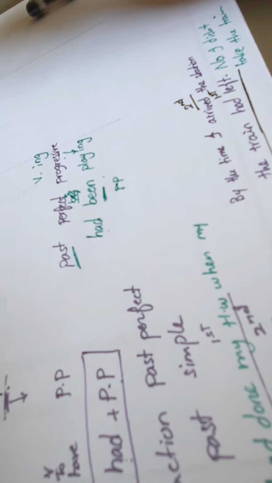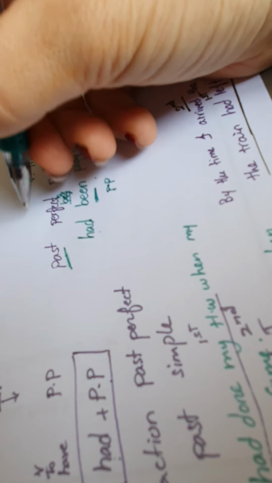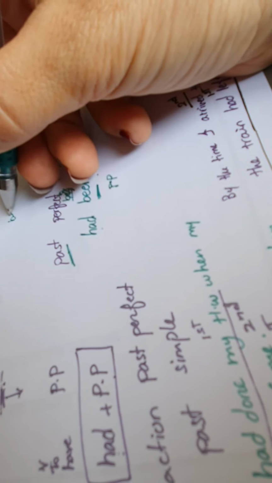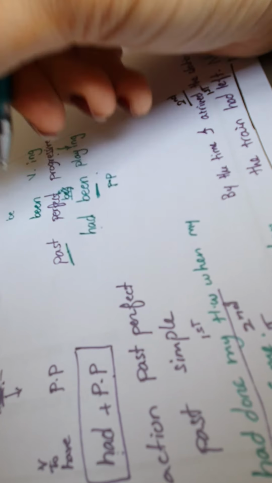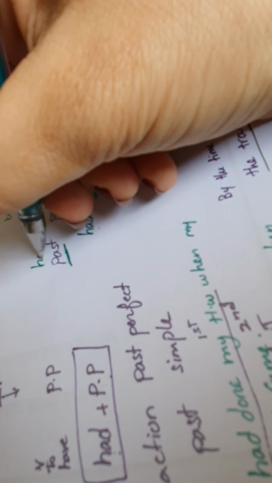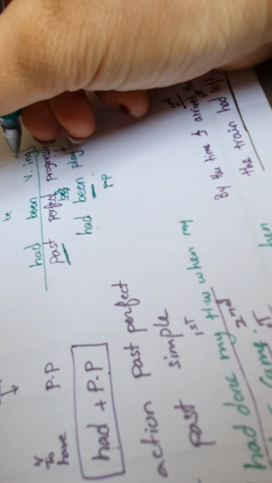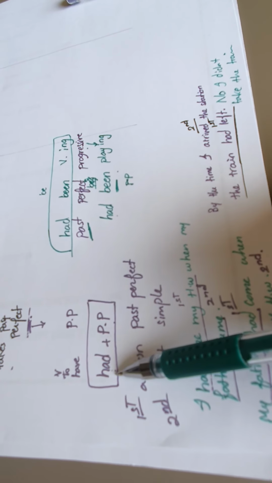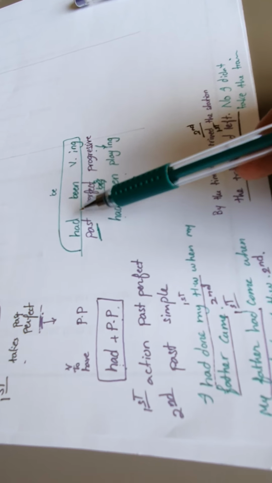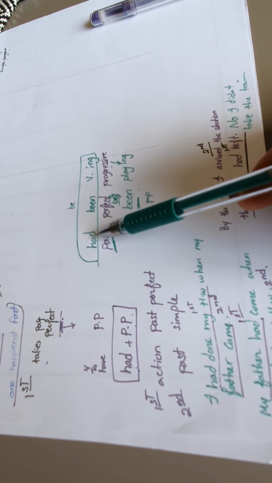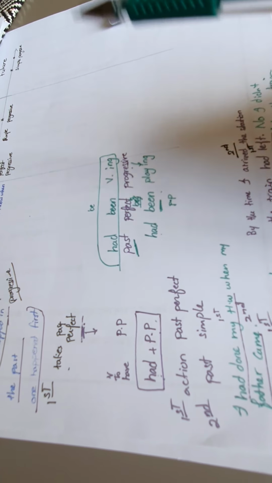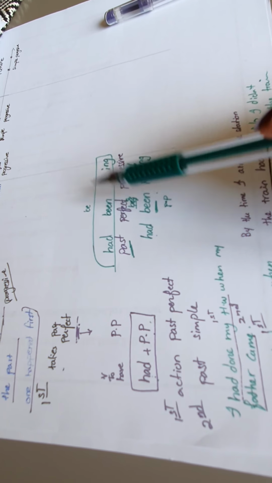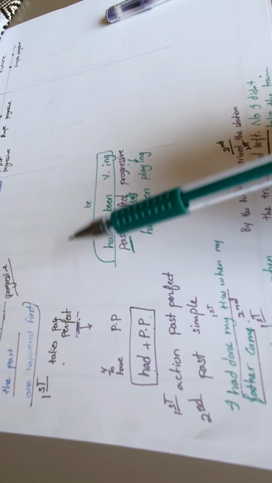Perfect, and before it there should be verb to be, because it's perfect, it should be in the past participle, so it will be been. Past, had. Had been plus ing. So the past perfect is had plus past participle; past perfect continuous or progressive is had been plus verb ing.